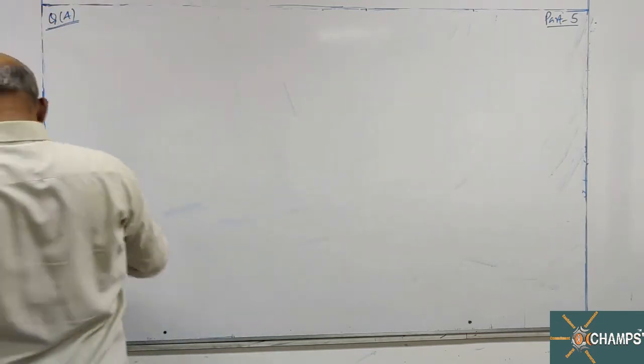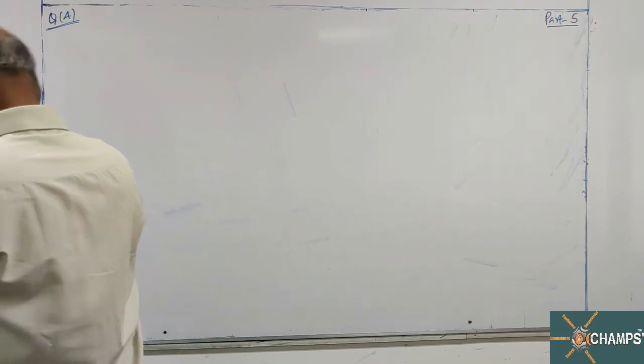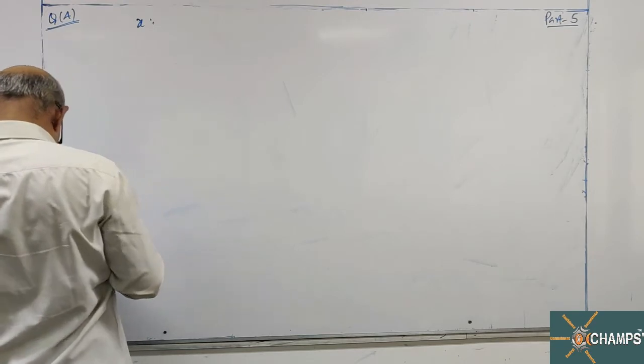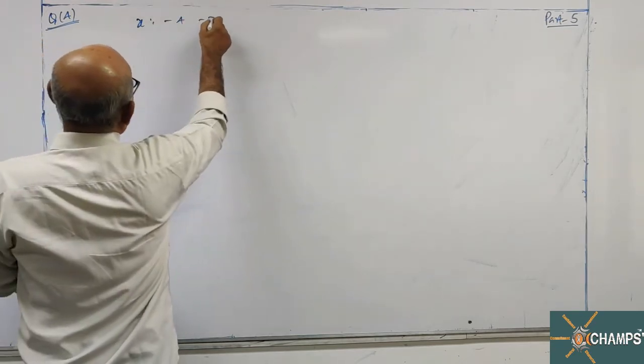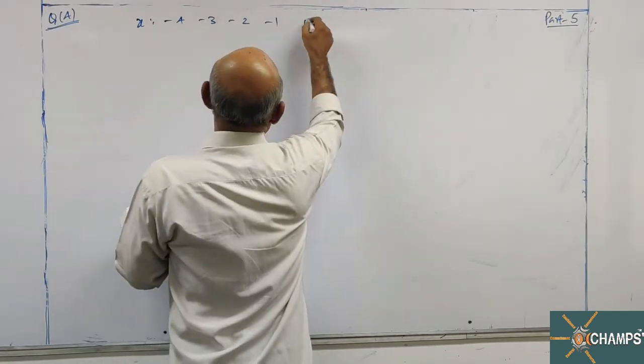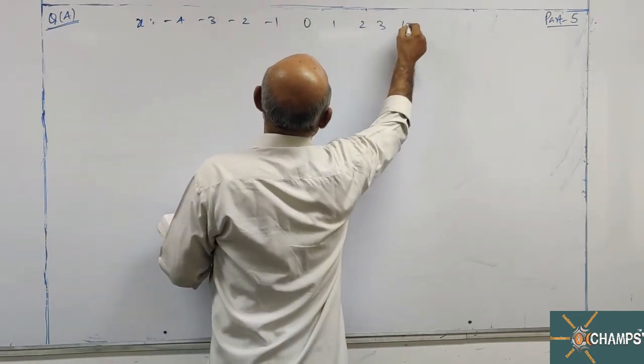Now x is equal to -4, -3, -2, -1, 0, 1, 2, 3, 4.